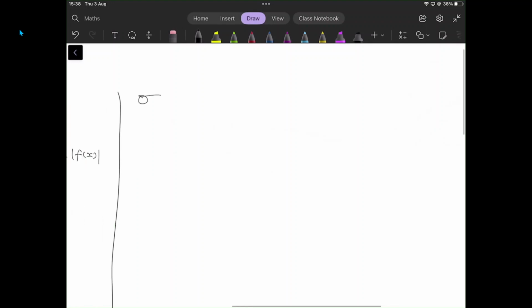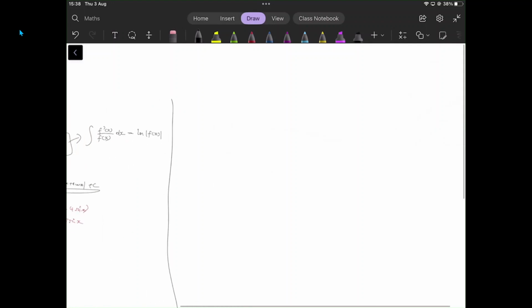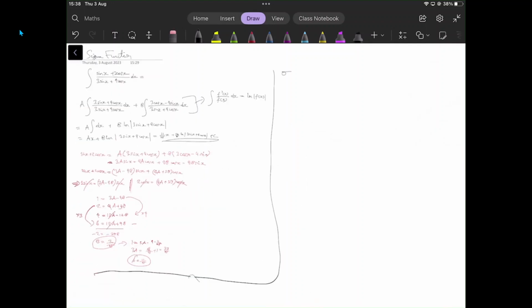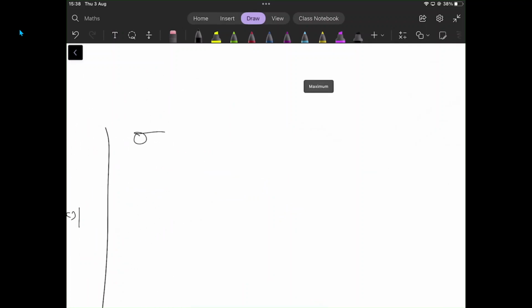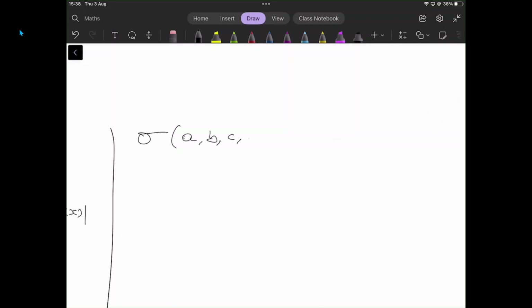And this function is an absolute beast. Of course, I would have wanted to use Greek letters, but let's just use Latin letters for today. So sigma of A, B, C, D, let's say E, F. 6 variables. This is an insane function.